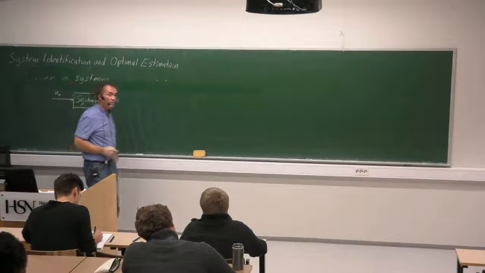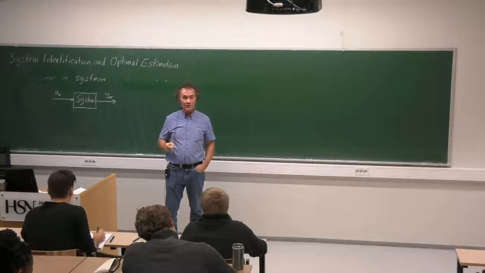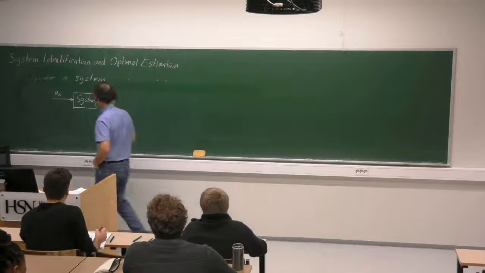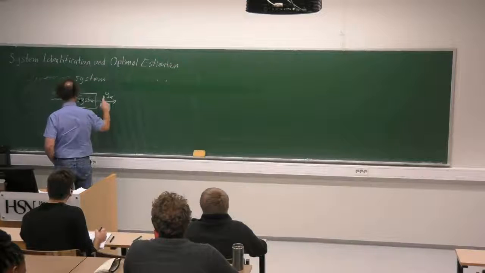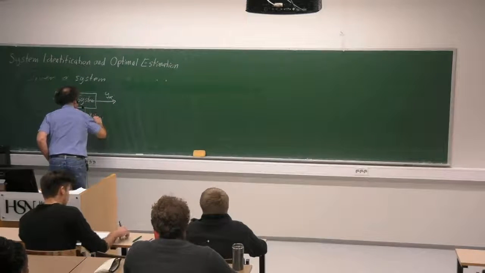We will assume that this system is dynamic, so there are internal states in order to treat the dynamic behavior from the inputs to the outputs. We have a state vector x, also at discrete time k.